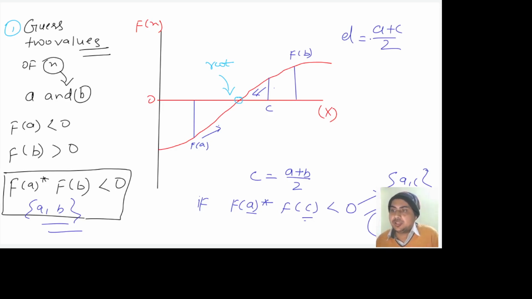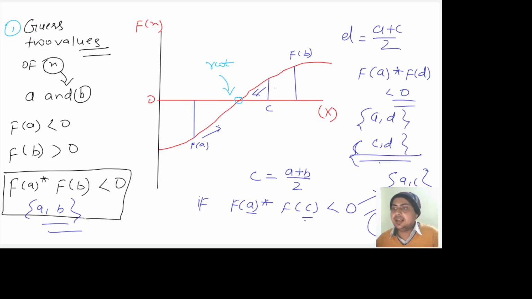And again we will check whether f of a into f of d is negative or positive. If it is negative, then it's between a and d. If it is positive, then definitely it will be between c and d.